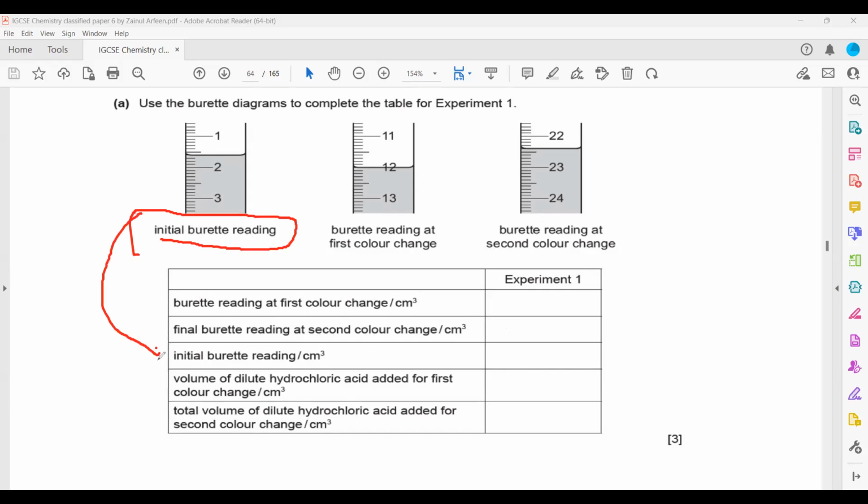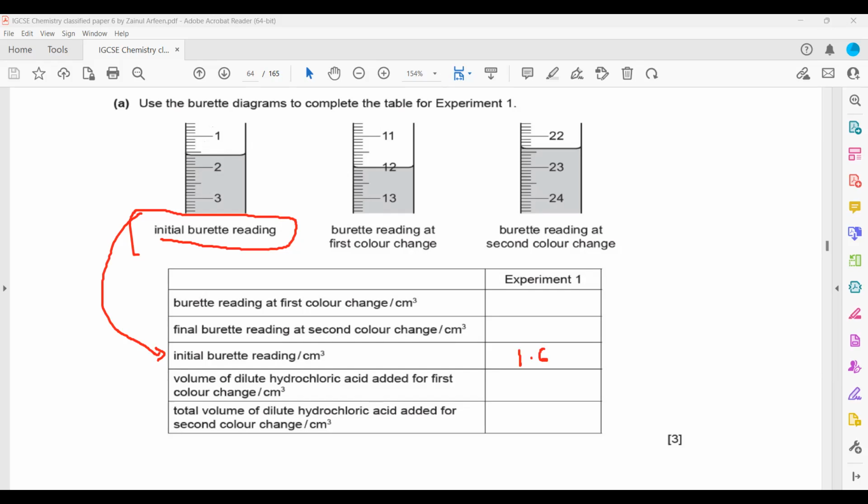We have to fill this row. This is 1, 1.1, 1.2, 1.3, 1.5 is there. And we read the bottom of the meniscus, so it is 1.6. The unit is already given, cm cube, so it will be 1.6 cm cube.